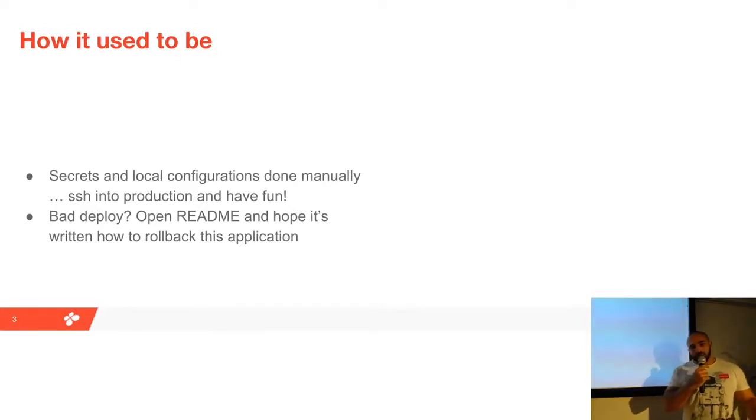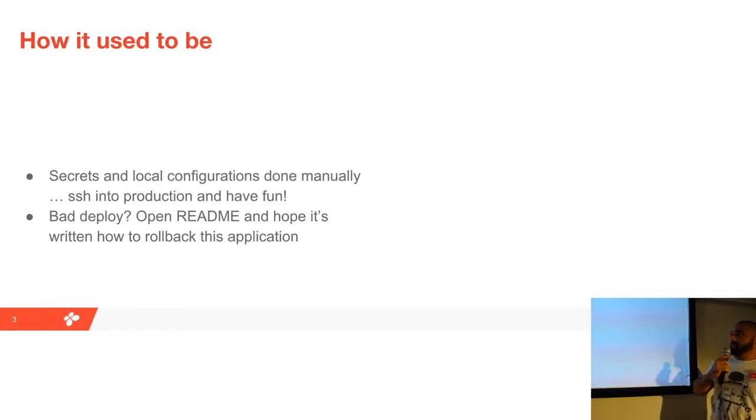So the developer has to access the production machine, or first the staging machine if you have one, do it, see the changes, then you still have to access the production machine, and hopefully you can get everything done. And if something went wrong, then good luck, open the README if there is one, and if you understand what's written there and how you can roll back or rescue whatever is going on.